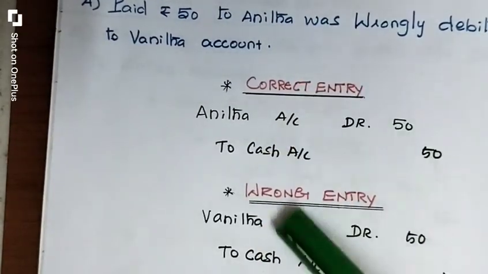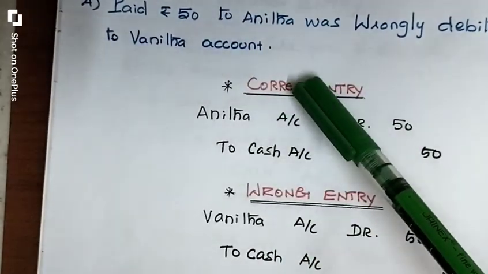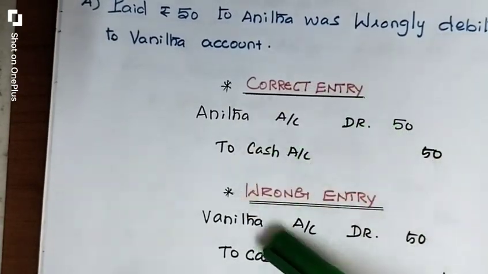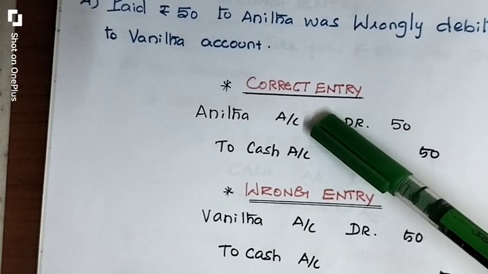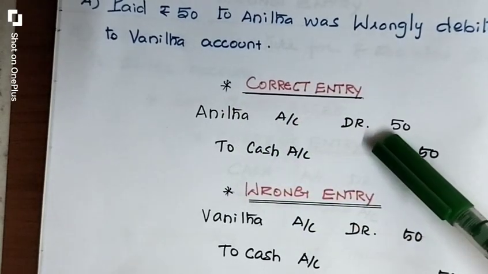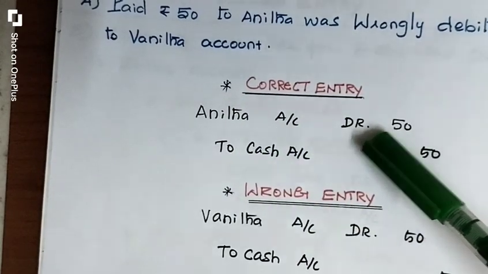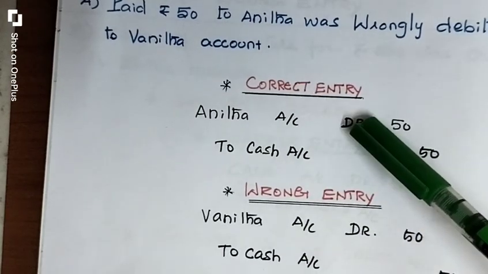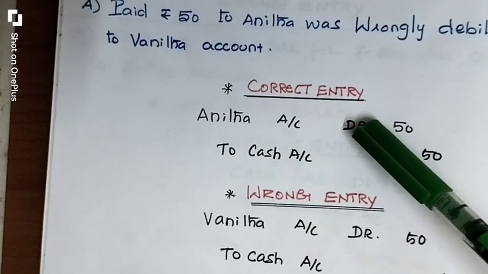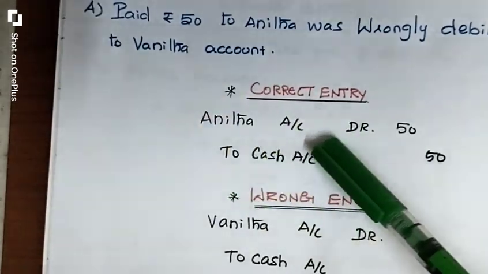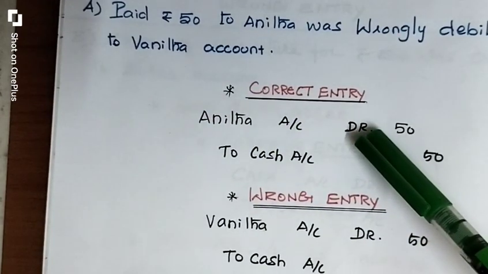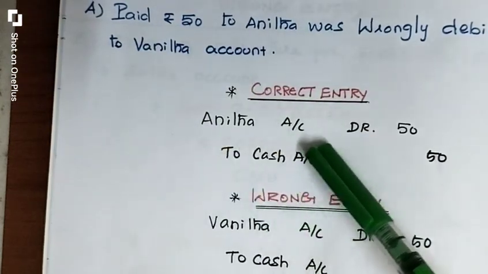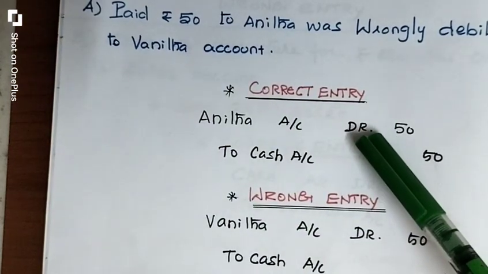On the debit side we have different accounts, Anita account and Vanita account. Of these two, Anita account is the correct account, because you paid cash to Anita.